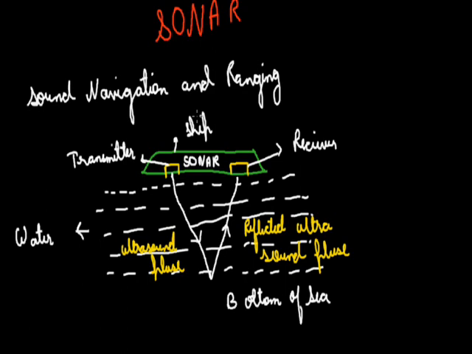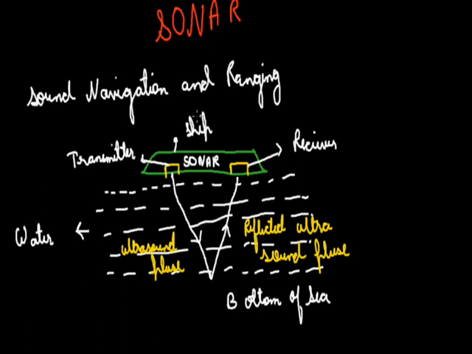For this task, the transmitter of a sonar is made to emit a pulse of ultrasonic sound. As we see in the figure, we have written it with yellow line, with yellow color, that these are the emitted ultrasonic waves. As these are ultrasonic, so the frequency is 20,000 Hertz.